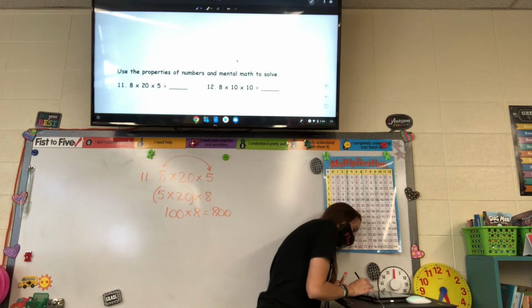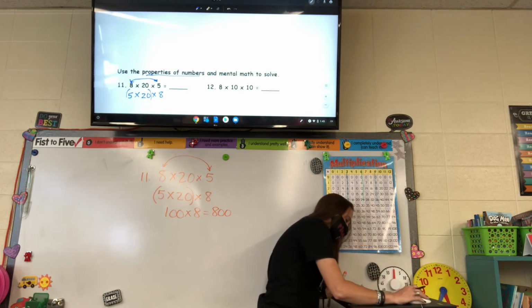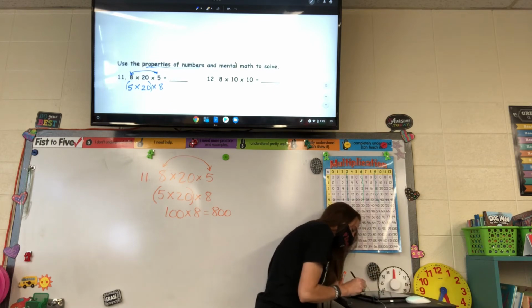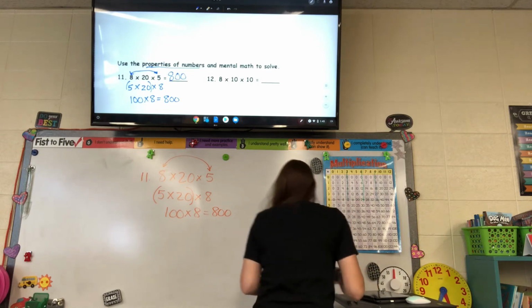So here's what I want to see. See how it says use properties of numbers? So we're using the commutative property to flip-flop the places of the 8 and 5. That means we're doing 5 times 20 times 8. We're going to put parentheses around 5 times 20 because that's what we're doing first, which equals 100. And then we still have to multiply that 8 on there, and that equals 800. So the answer to 8 times 20 times 5 is 800.